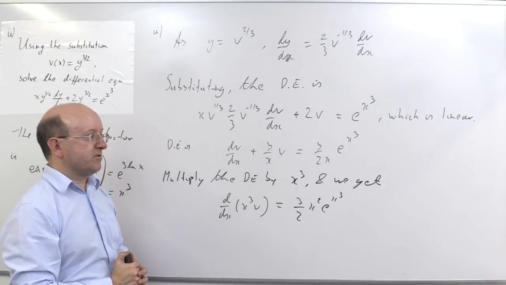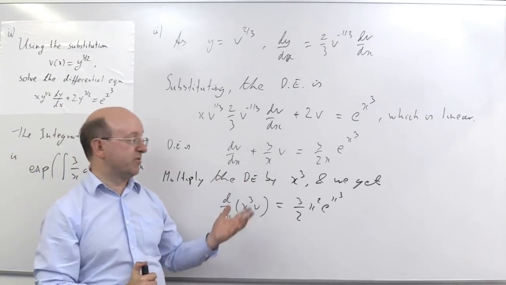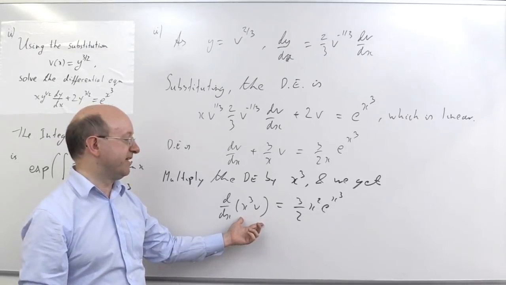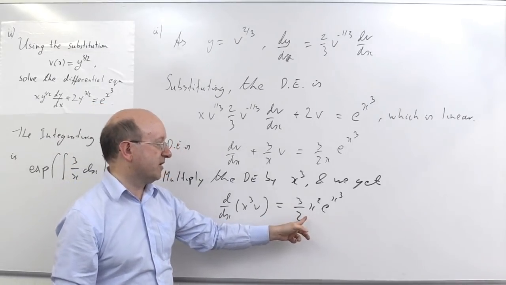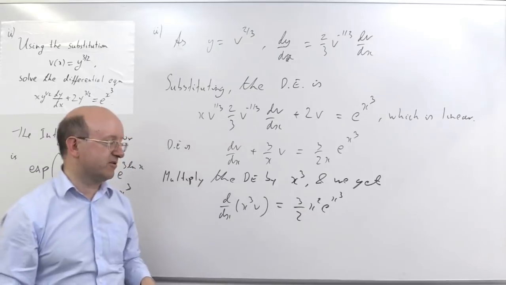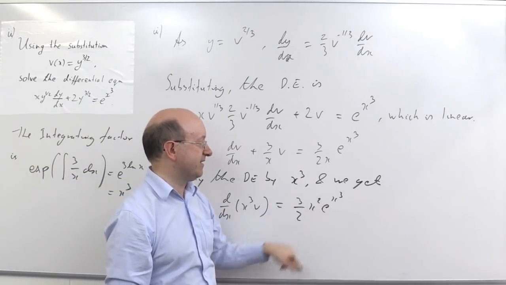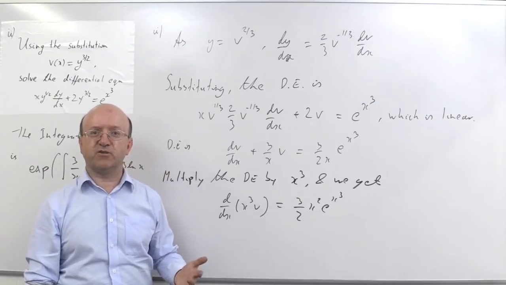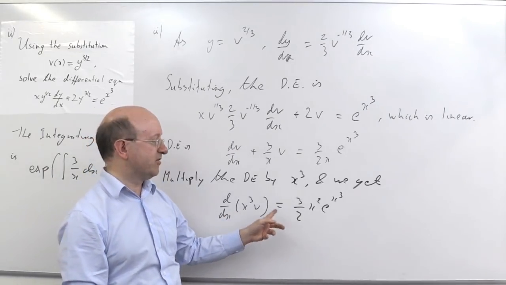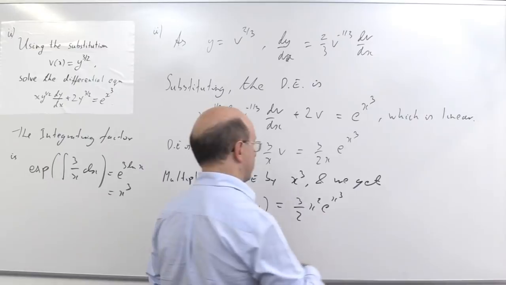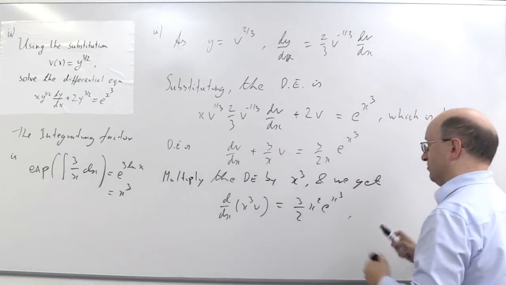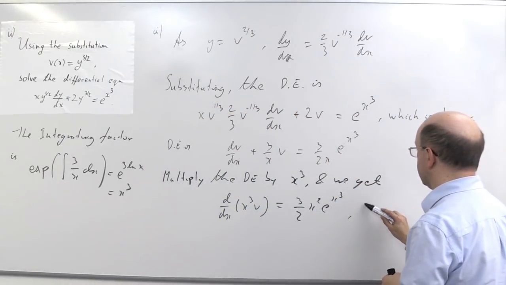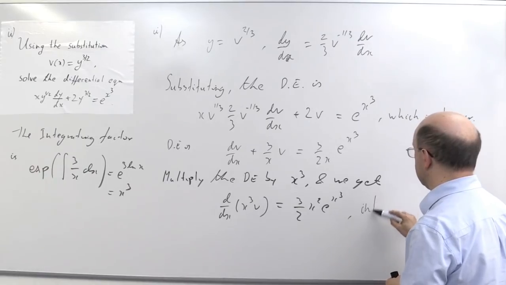Okay, so now what we're going to do is integrate both sides. This, of course, integrates easily to just be v times x cubed. And on this side, the x squared has appeared here, so we can actually integrate: 3x squared e to the x cubed gives e to the x cubed. Differentiate e to the x cubed, and you get 3x squared e to the x cubed. So integrating both sides, which we can now do, I'll put that here, I'm running out of room.